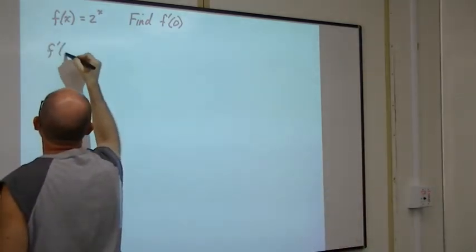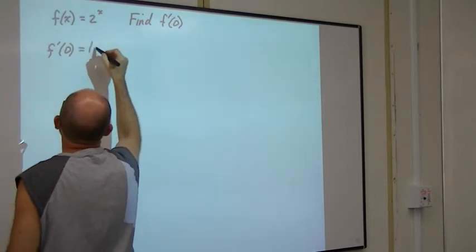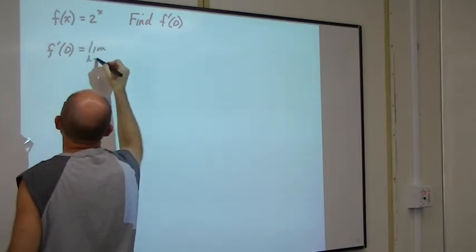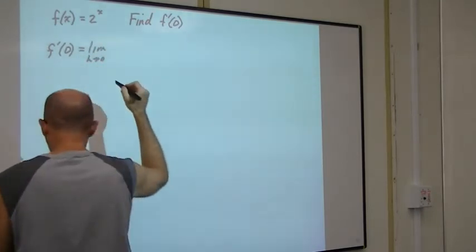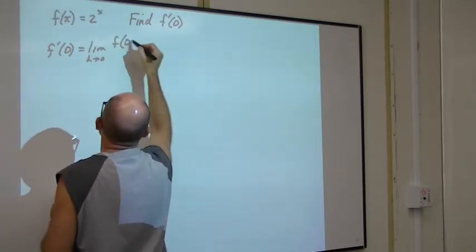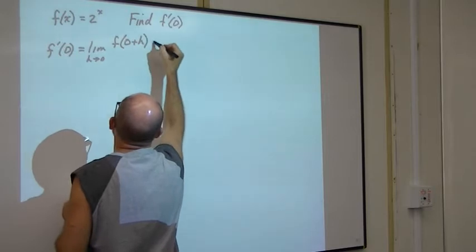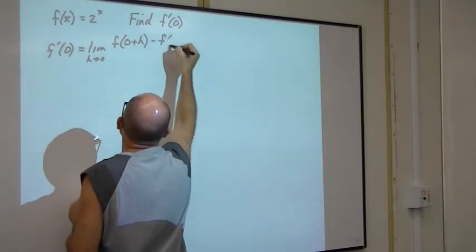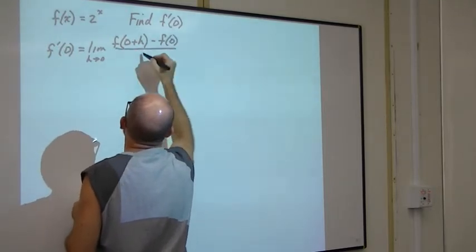f prime of 0 is going to be the limit as h approaches 0 of f of a plus h, which is going to be 0 plus h, minus f of a, which is going to be f of 0, all over h.